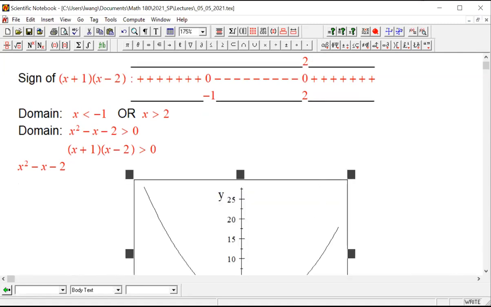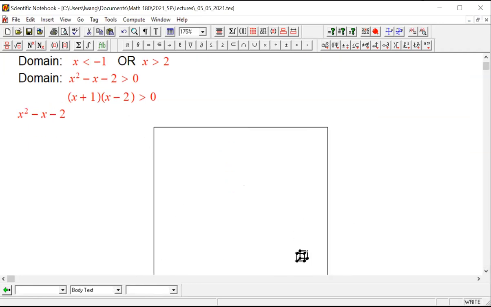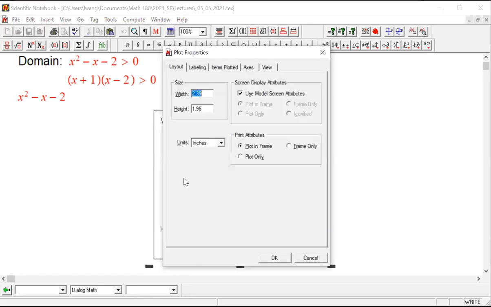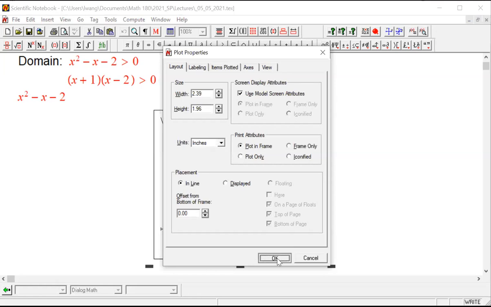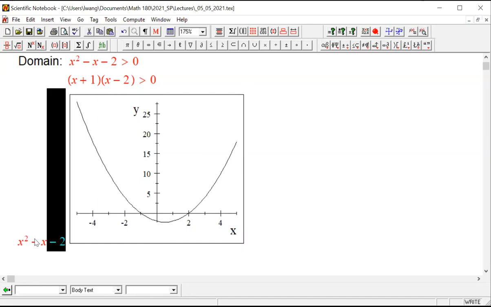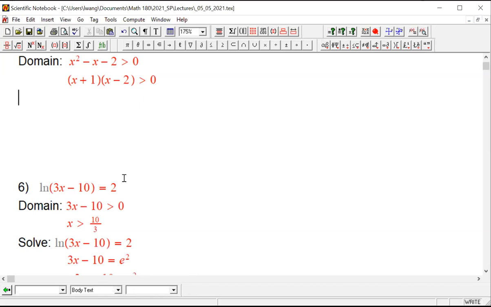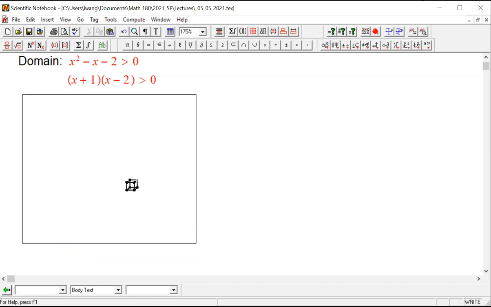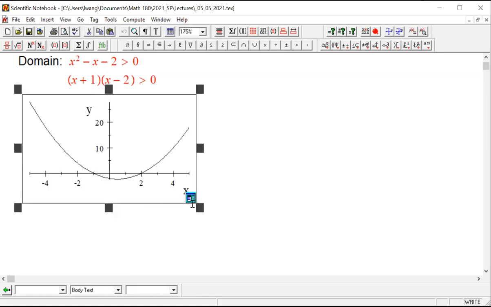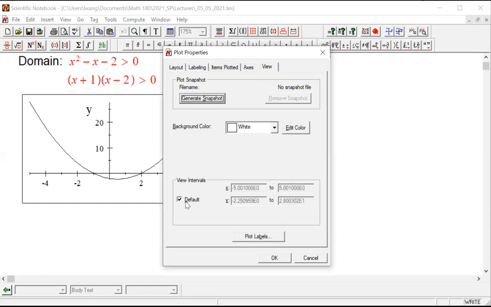X-intercept is found by the crossing with the x-axis. You see, all that understanding just comes into the picture when we need them, right? When we need them. And then I just make some adjustment.